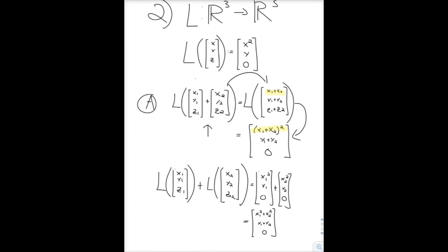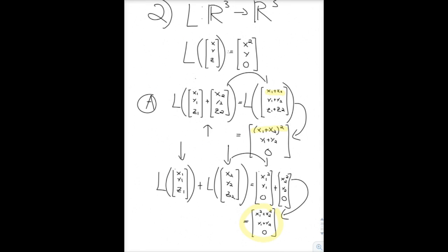So here's the other calculation. First we apply the map L to these two vectors, which is what we're doing here. And then we add the two vectors, which is what we're doing here. And so we get this vector right here. But here's the problem.